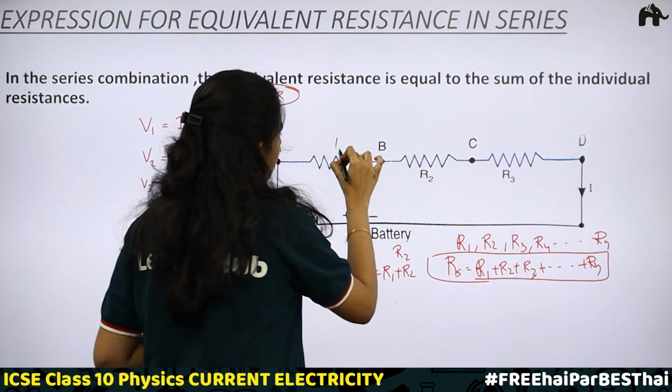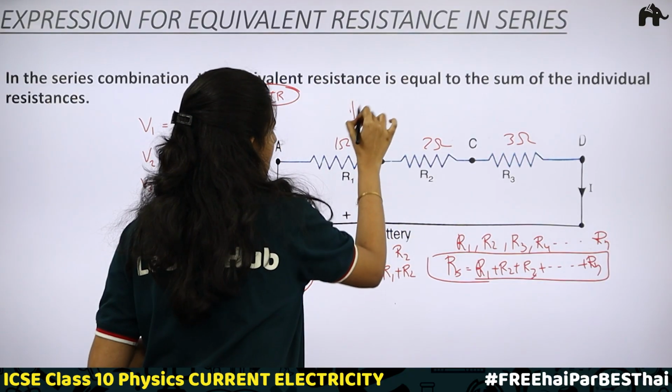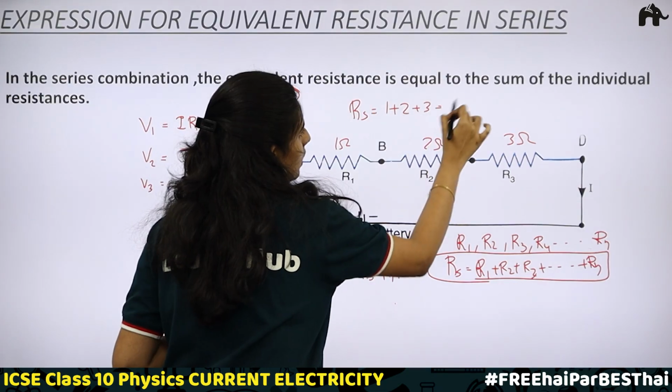If we have three resistors of 1 ohm, 2 ohm and 3 ohm, then Rs will be equal to 1 plus 2 plus 3, which is equal to 6 ohm.